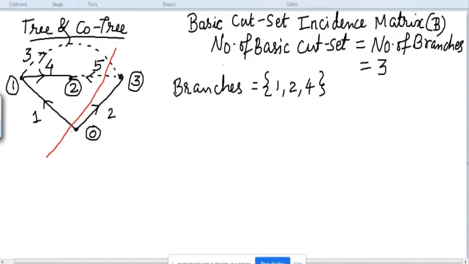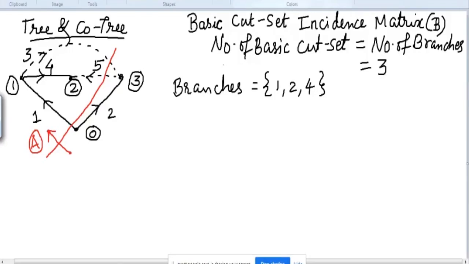While making a basic cut set, only one branch should be there for which you are making the cut set, and the others should be links. This is the concept of the basic cut set. In this way we are going to cut 1, and we give the name A to this basic cut set, obtained by cutting 1.